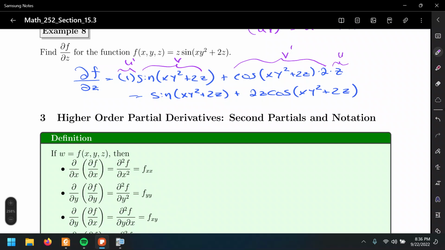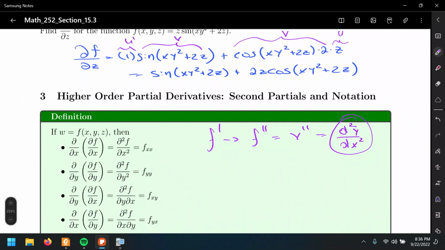Back in calculus 1, we went from f prime to f double prime. That was one way to denote it, or y double prime, or d squared y over d x squared. Now, let's pay special attention to this notation.